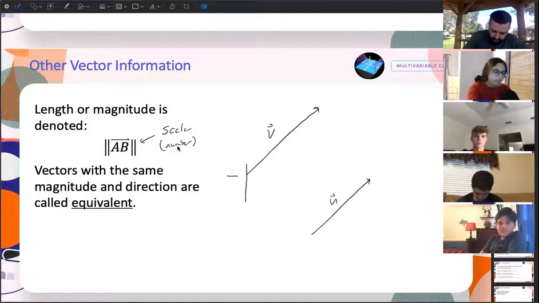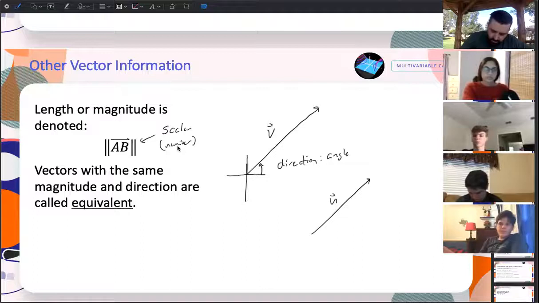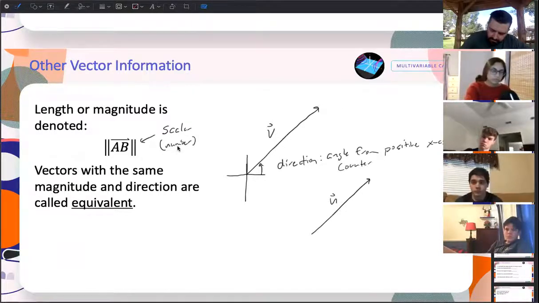Direction, if you pictured the coordinate plane being here, just like with the unit circle, is typically an angle from the positive x-axis counterclockwise. So just like we did with the unit circle, mathematically, that's how we usually talk about direction.